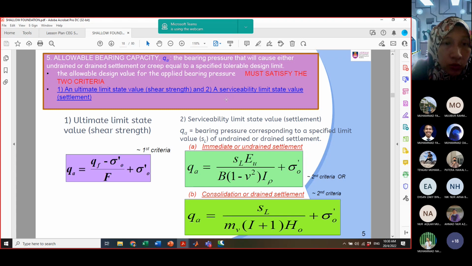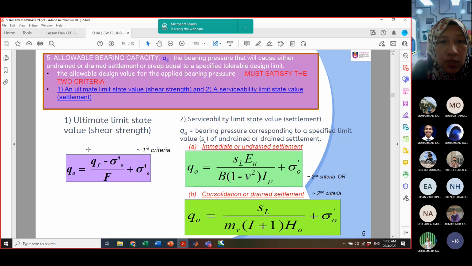The allowable design value for the applied bearing pressure must satisfy two criteria. The first criterion is an ultimate limit state value, which is the shear strength, and the second criterion is a serviceability limit state value, which is settlement.